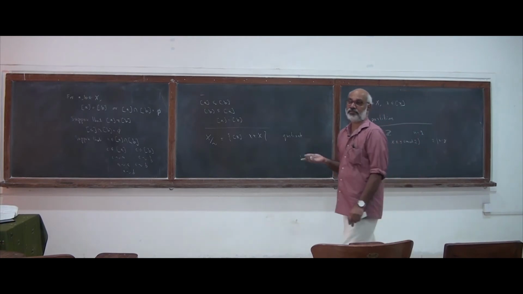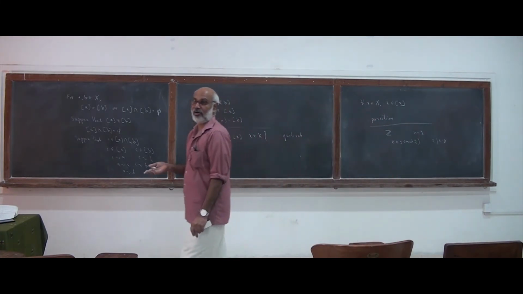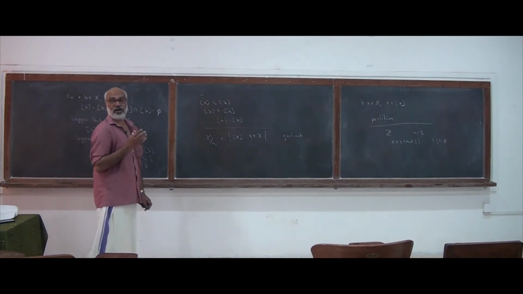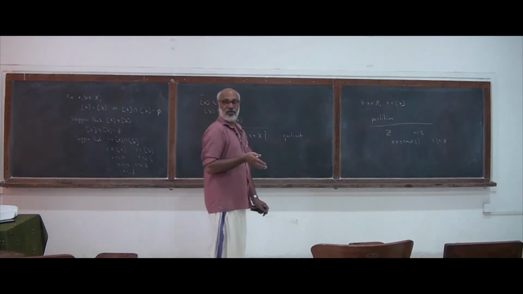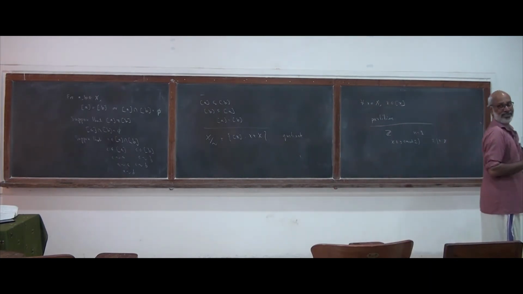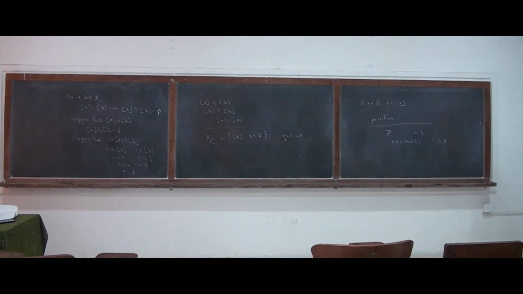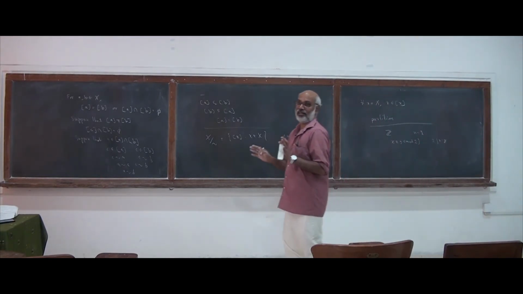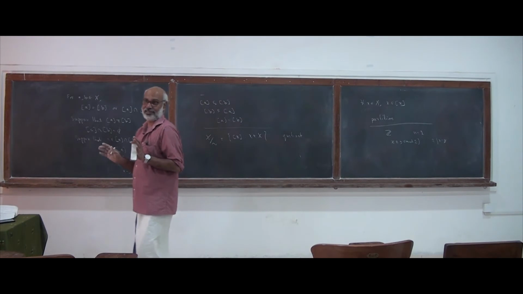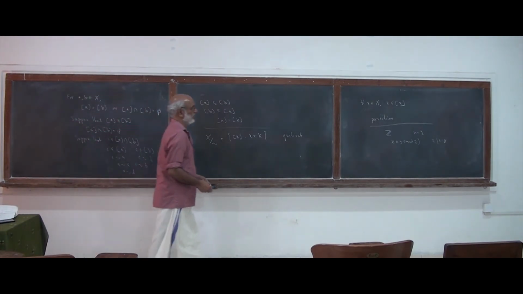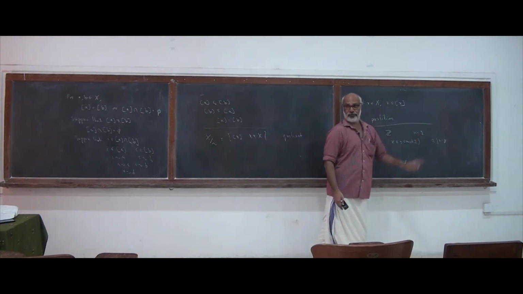The equivalence class of 0 will contain all the even integers, and the equivalence class of 1 will contain all the odd integers, and there will be only two equivalence classes. These two equivalence classes, odd integers and even integers, form a partition of the set of all integers. This is the situation when n is equal to 2.